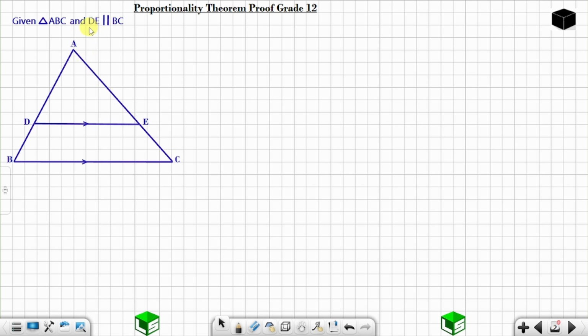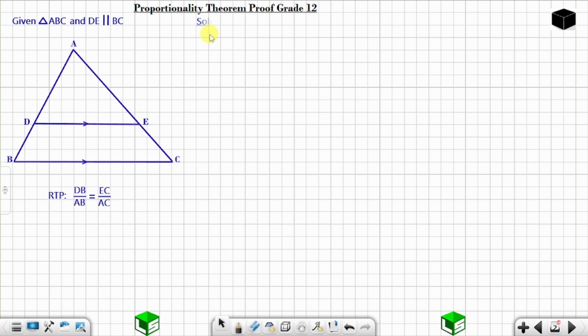You are required to prove that DB over AB is equal to EC over AC.